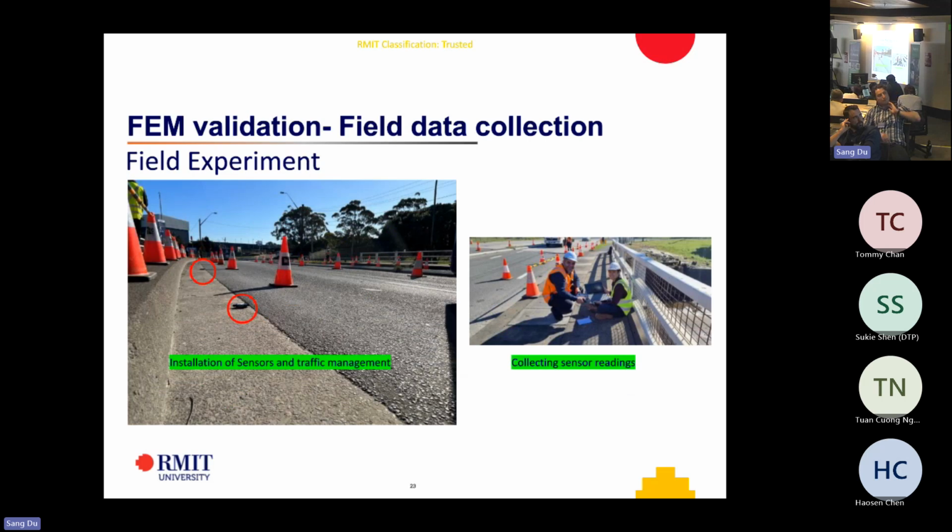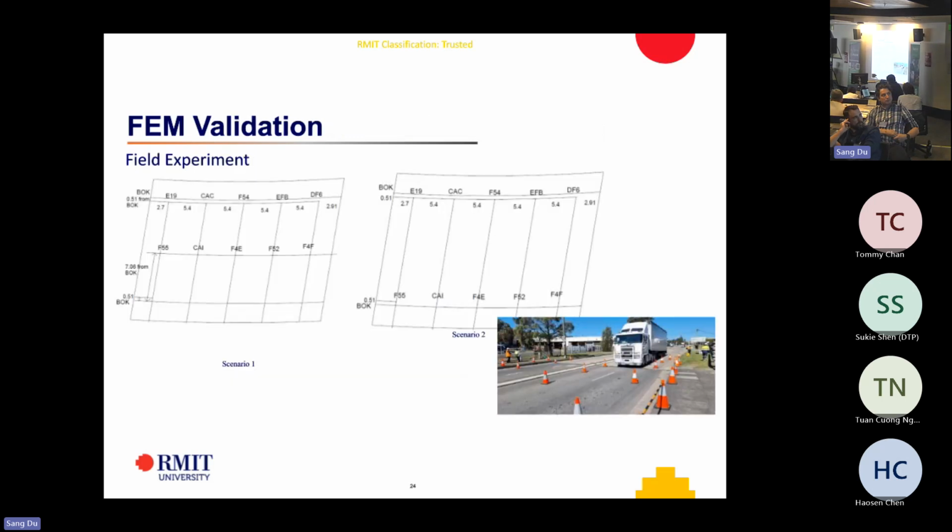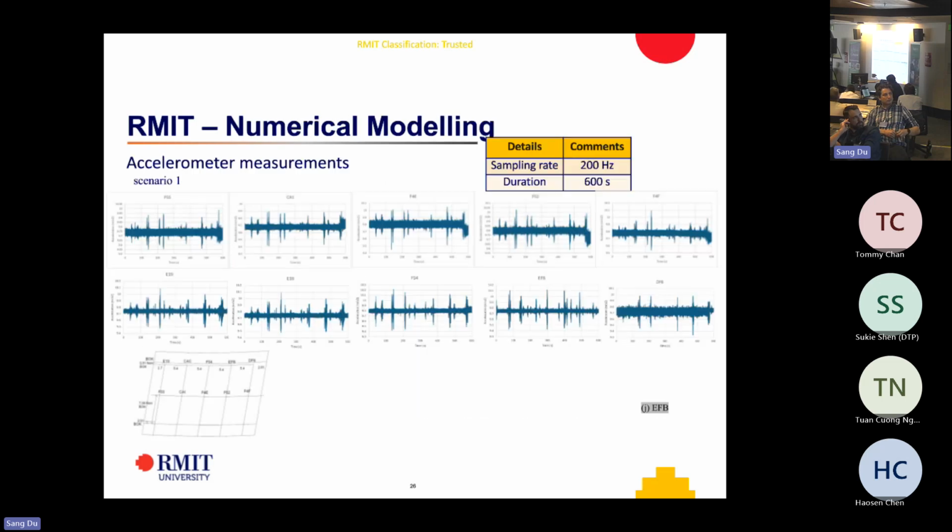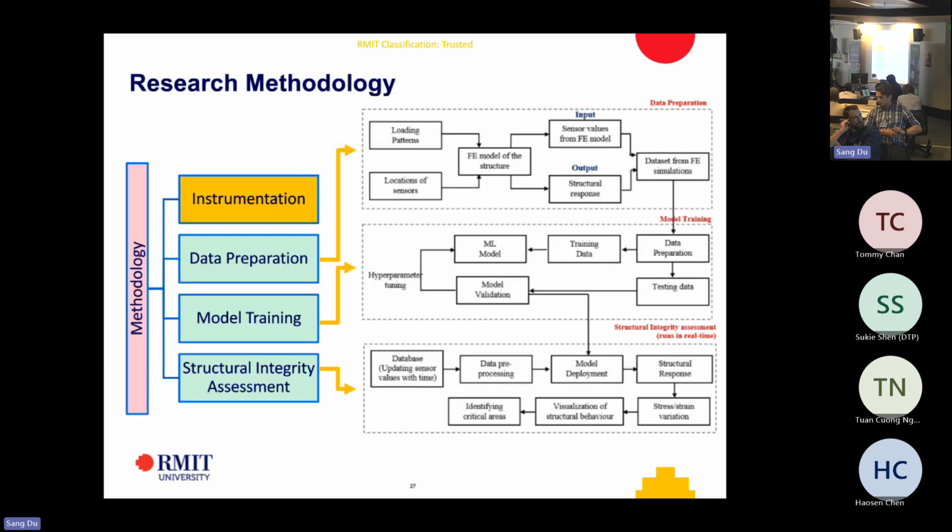And again, field work to validate our finite element model. Again, we had to direct the traffic to the middle, put the vibrometers on the side, and collect natural frequency, and then check with the numerical model result to find out if our model is validated or we need to do some changes.